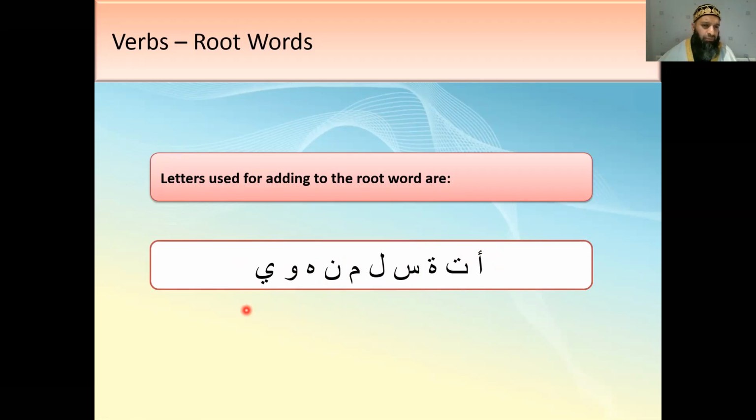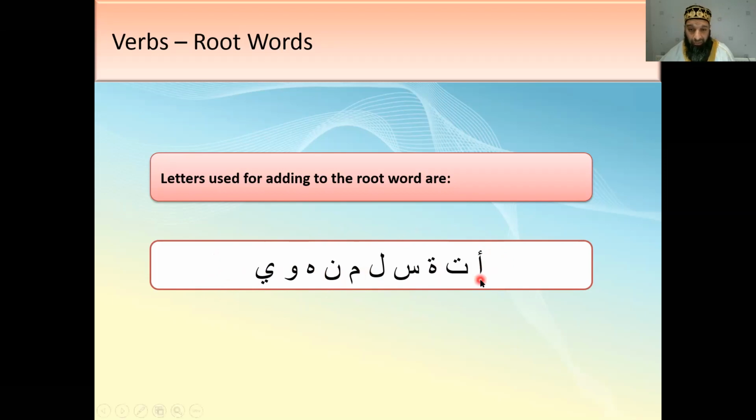Can you give an example, please? Okay, so kataba means he wrote. Somebody add one of these letters onto kataba to make the meaning change. Kitab, add an alif. Katabat, yes. Kitab, fantastic.